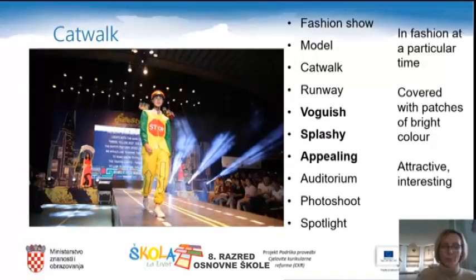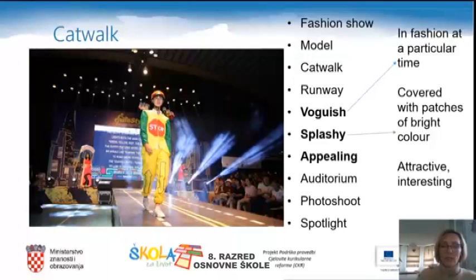So this is obviously a fashion show, and you can see a male model on a catwalk, or another expression for a catwalk is a runway. We can say that he's wearing voguish clothes, which means that these clothes are in fashion at a particular time. The clothes look splashy, meaning that they are covered with patches of bright color.